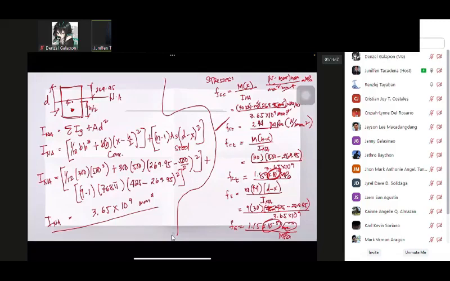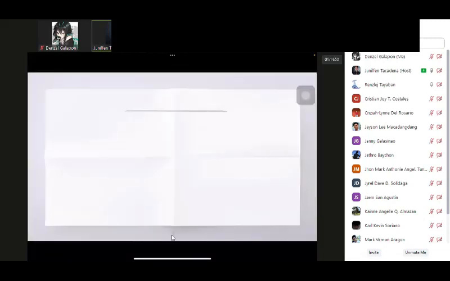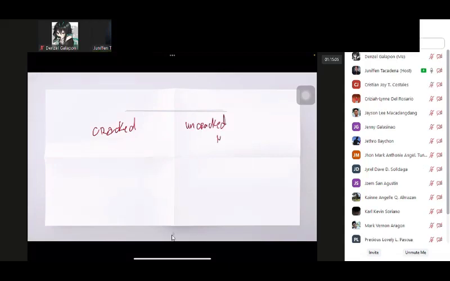Again, let's review. I will now erase the board. There are two stages: cracked and uncracked. We say uncracked if the actual moment is less than the cracking moment. If it is cracked, the actual moment is greater than the cracking moment.